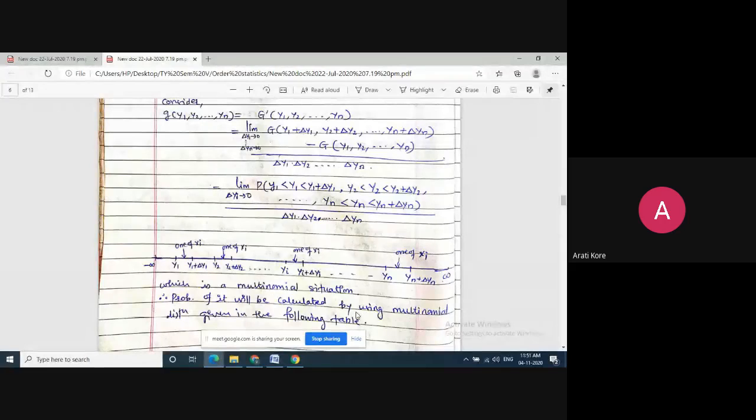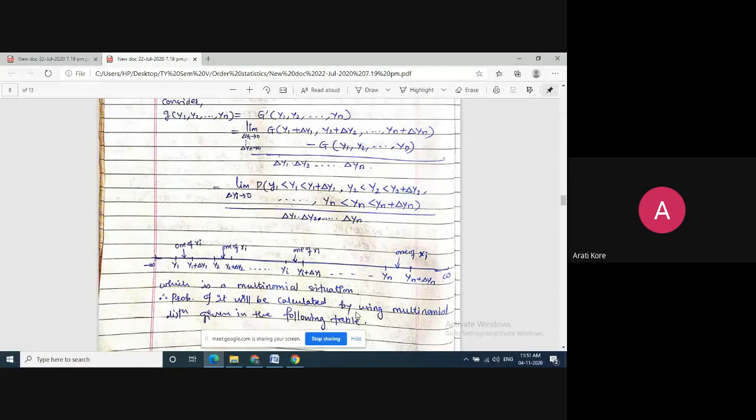It will lie within any one of the n boxes. Let's call these intervals boxes. I will take the second observation; in one of the intervals it will lie. I will take the third observation; again, it will lie in one of the intervals or boxes. Likewise, I will take the nth observation; it will lie within one of the boxes or intervals.